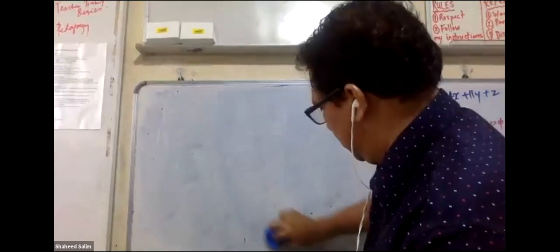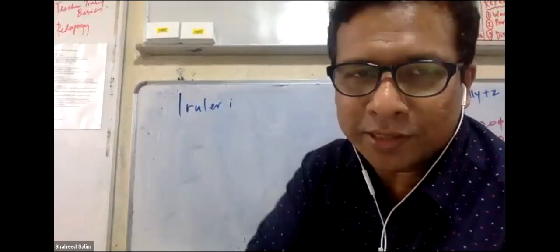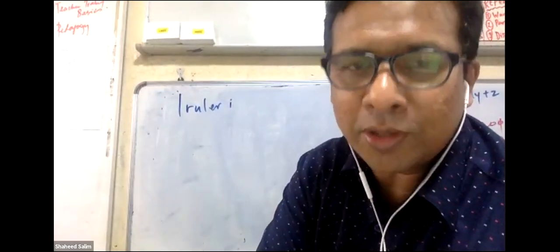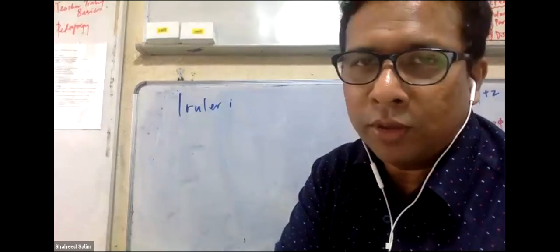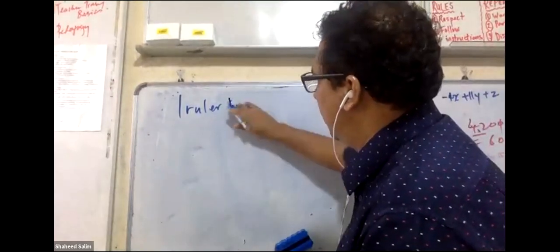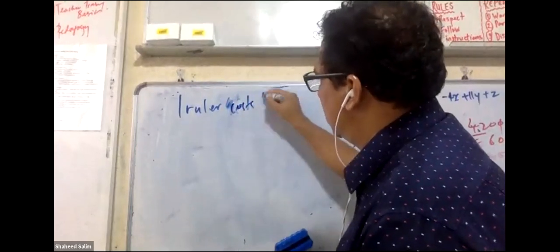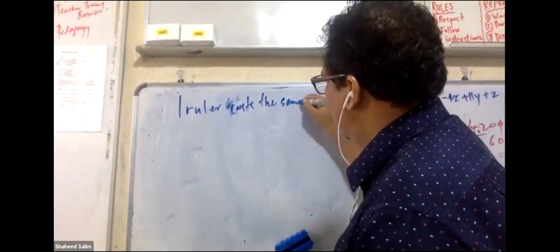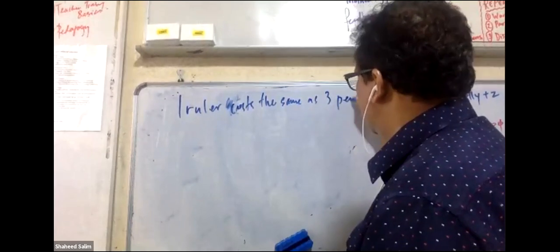So 1 ruler, what's the answer? The answer is $1.40, because $7 divided by 5 units gives 1.4, which is $1.40.